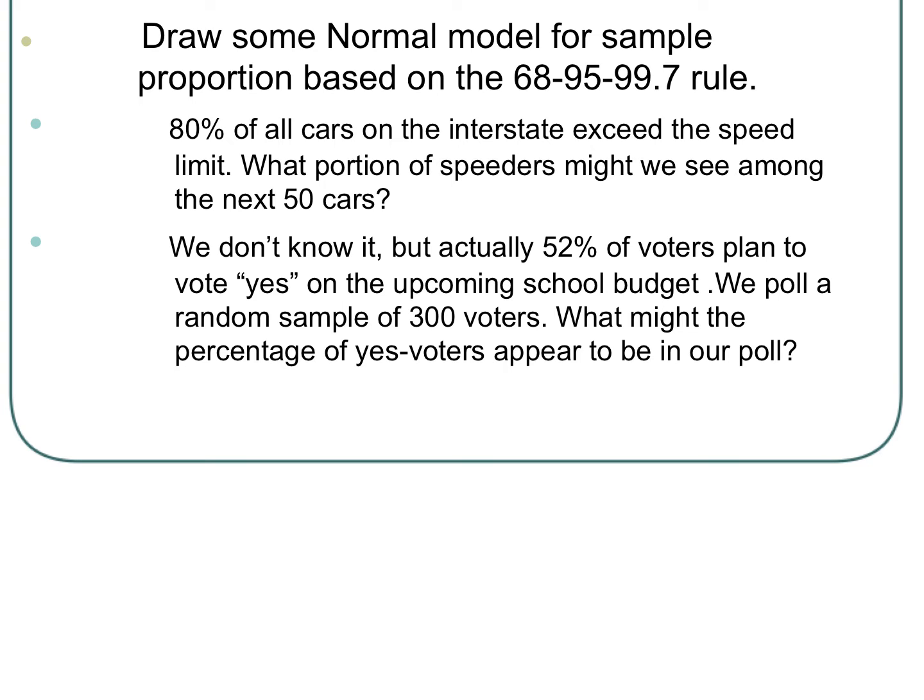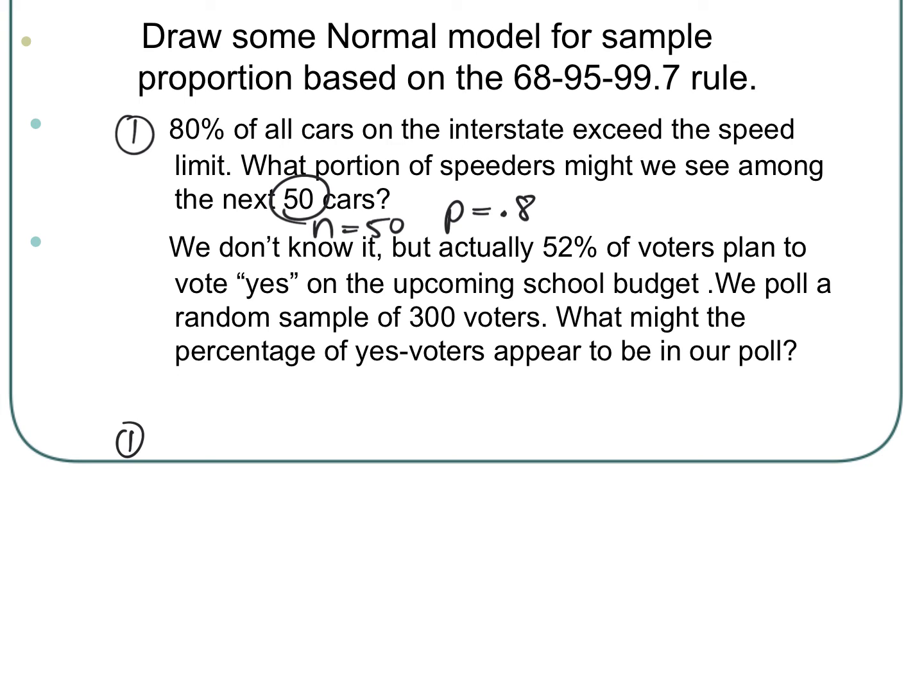So our sample size is 50, right? And our p is 0.8. We always convert our percentages to a decimal. We're going to draw a normal model to show this. 80% of 50, yes, is 40, but that's not going to happen every single time, right? So how much does that vary?